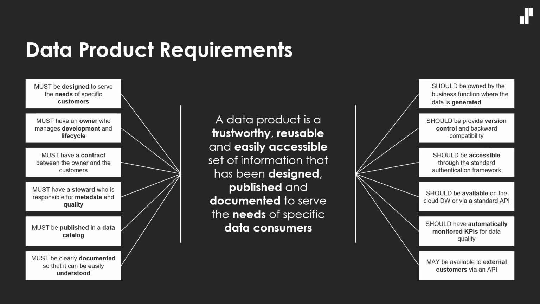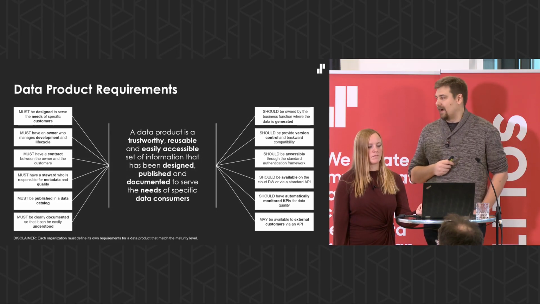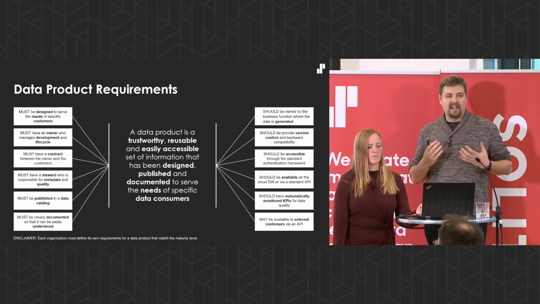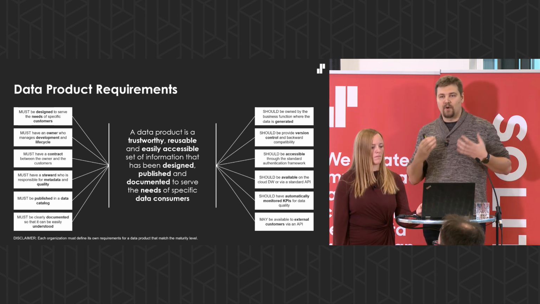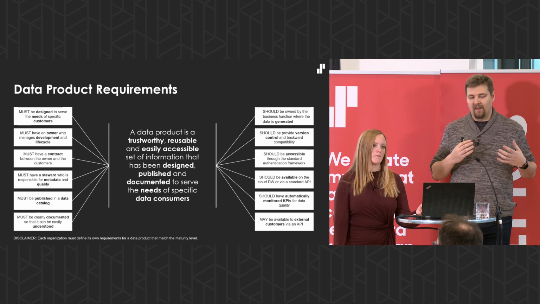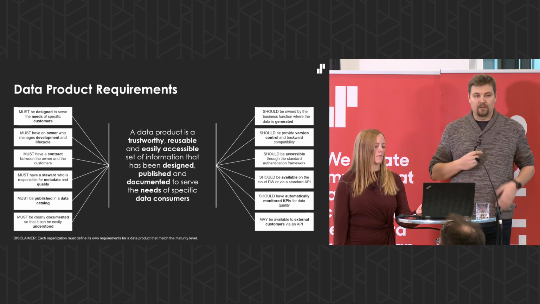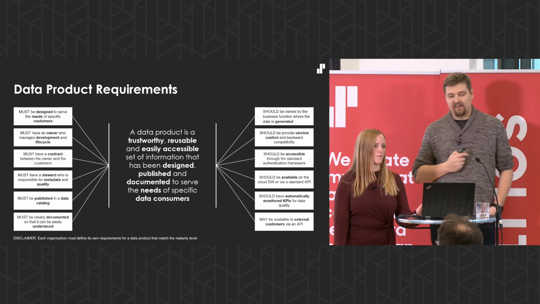There should be some KPIs for monitoring the data quality, and it may be served to external customers through an API. And these are just examples. As a disclaimer, each organization needs to think about what a data product means in their own context. But this is a rather generic example collected from our insights on what it could mean to have data really productized.